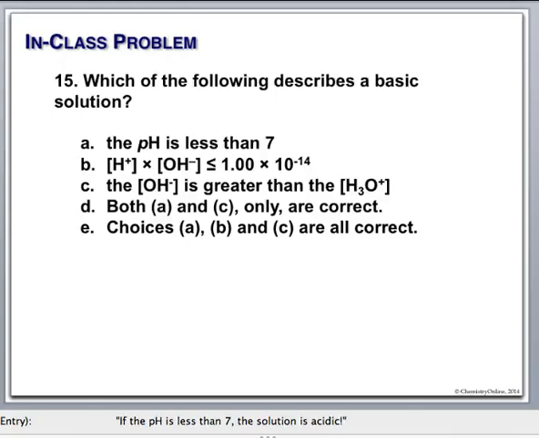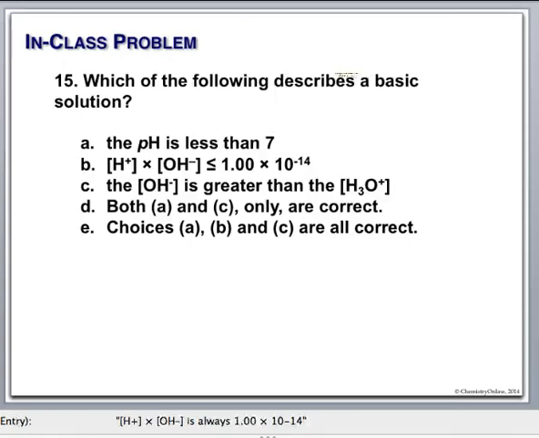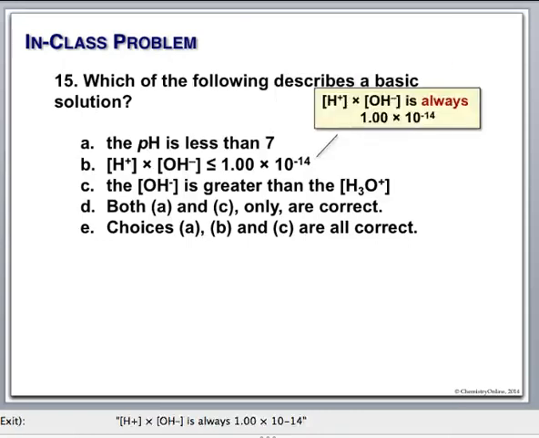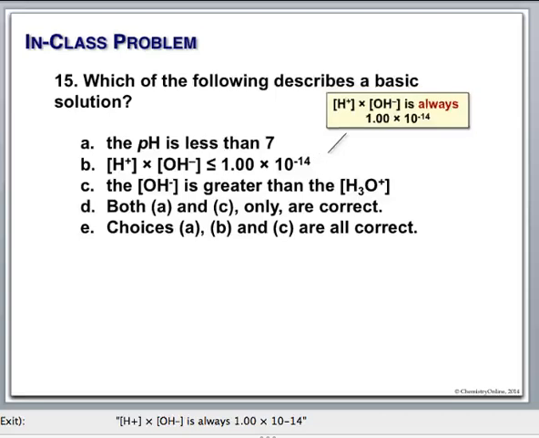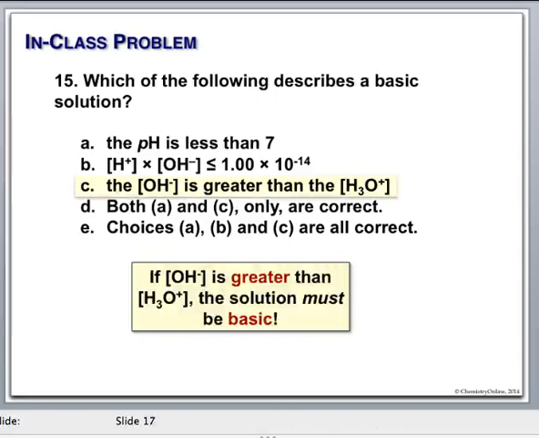If you have more hydroxide in the solution than you do hydronium, it must be basic, right? So A, that would be acidic. B, this would be stupid. And C, if you have more hydroxide than hydronium, it must be basic.